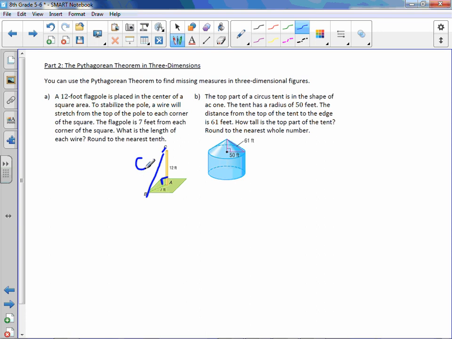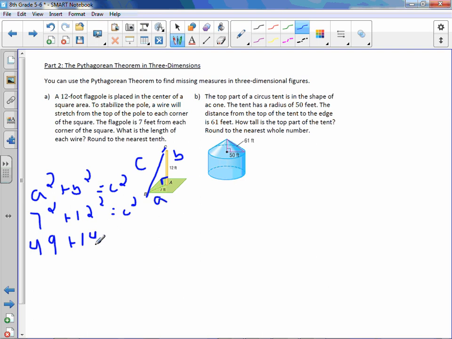So this is C, A, and B. A squared plus B squared equals C squared. 7 squared plus 12 squared equals C squared. 49 plus 144 equals C squared. 193 equals C squared.